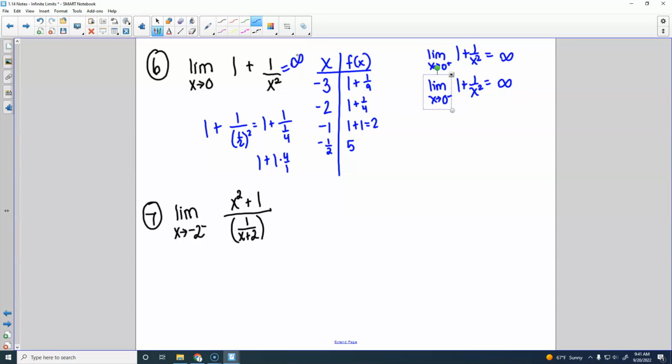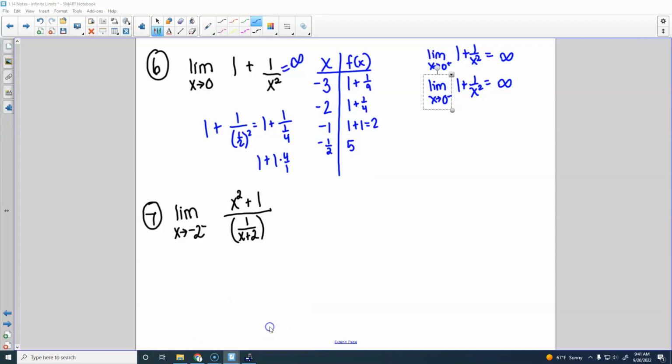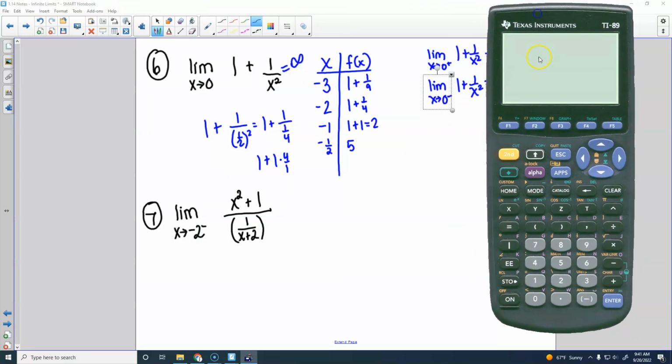Okay. Some of yours, I'm going to have you actually do that by hand. Not for too many because it does take a little while. And then some of them, I'm just going to let you use the calculator. Desmos is so much better, but we need to be practicing with that calculator. So let's just use the calculator for this last one.